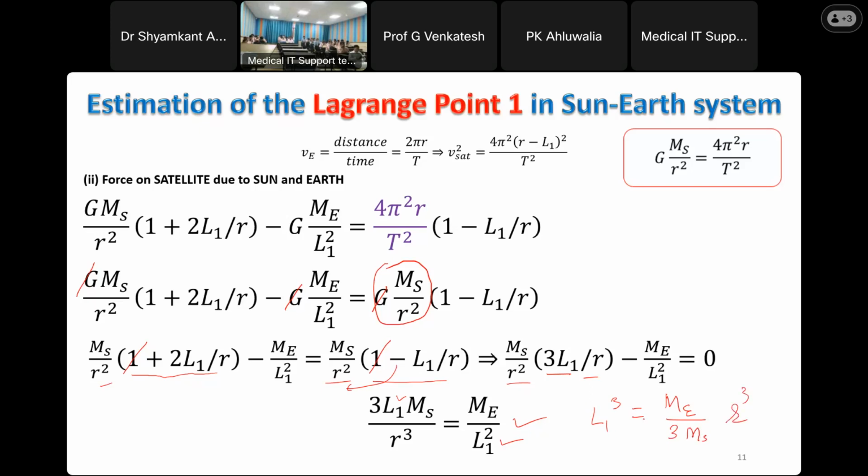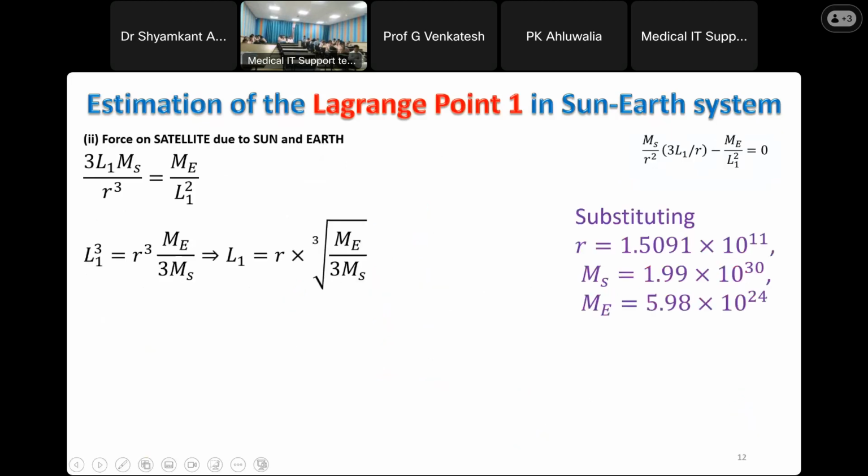And if we take the cube root of this, it will be L1 equal to r into cube root of Me upon thrice Ms. So that is the equation we were striving for. So I'm just rolling through what I have written. Same equation we are doing. So this L1 is equal to r times the cube root of this.